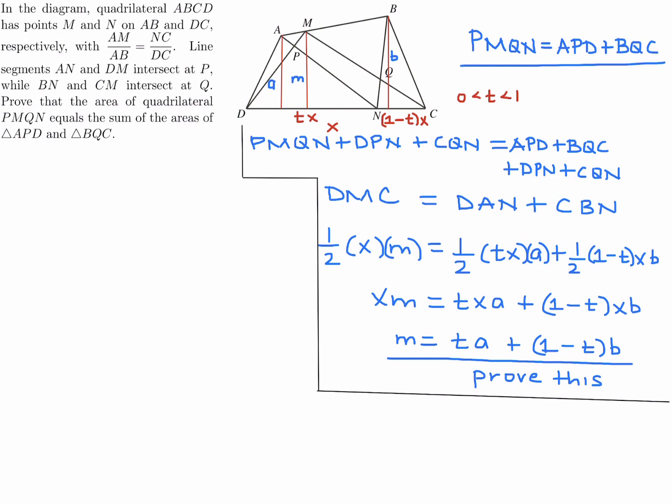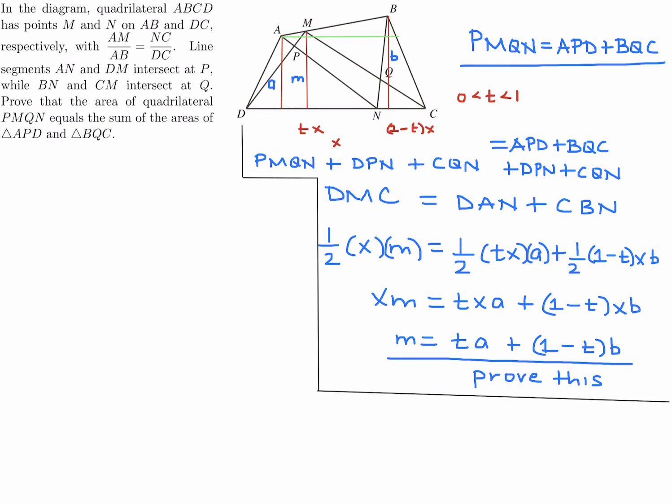Now, go back to the diagram and let's draw a horizontal line from A all the way across like that. Now, once we draw in that horizontal line, I have to label some points now. This top to bottom, I will call E. This top to bottom, I will call F, those points.